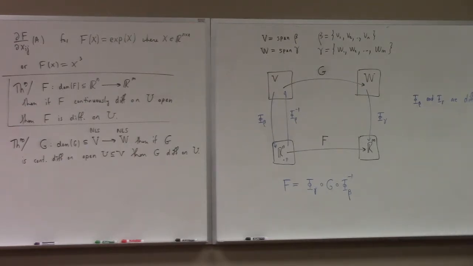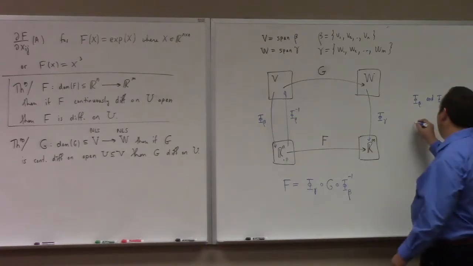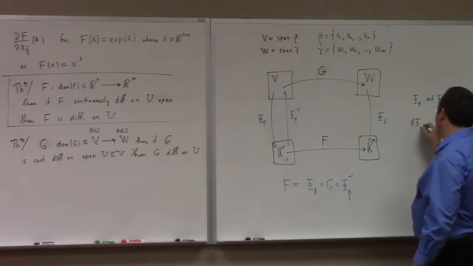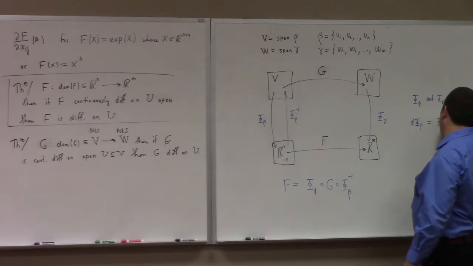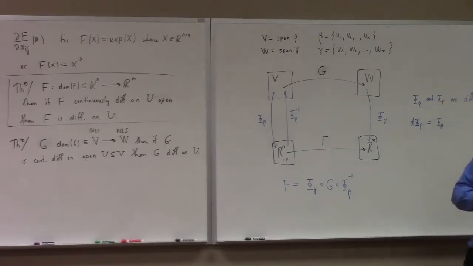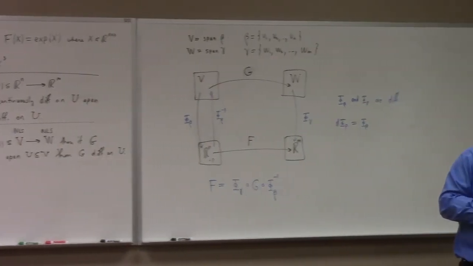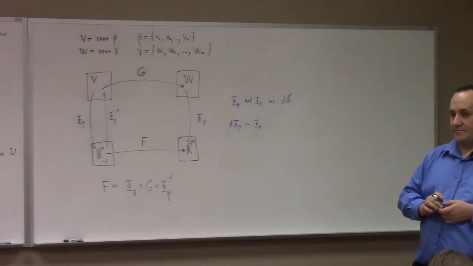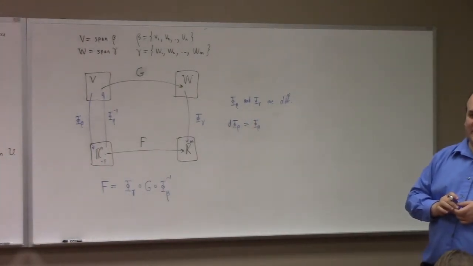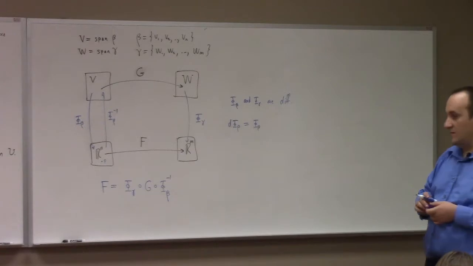Their inverse is also differentiable, and continuously so. These are pretty nice. They're linear, these coordinate maps. They pretty much destroy no information as far as we're concerned.